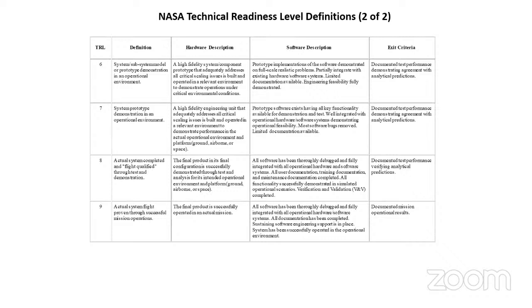Software engineering supported the system that has been successfully operated in the operational environment. The exit criteria is documented mission operational results. These are all the different TRL levels that we have. I hope, am I clear with all of you?